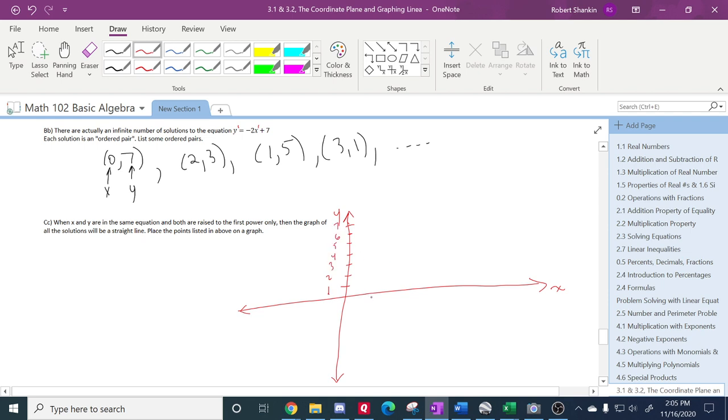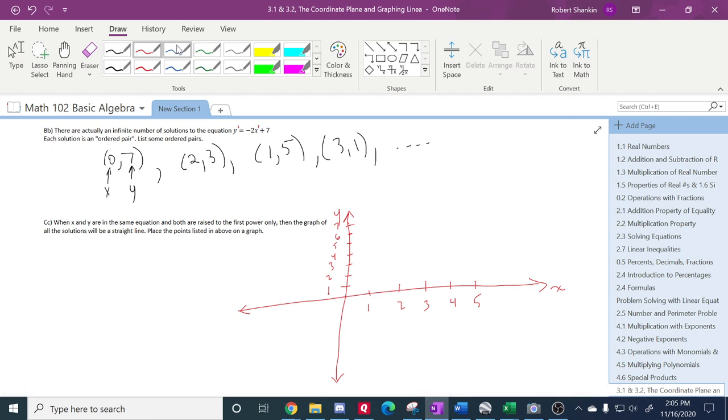Make my x's. I can spread them apart a little more if I want. Even more than this, because remember I didn't need my x numbers to go more than 3 if I was just going to graph these 4 points.